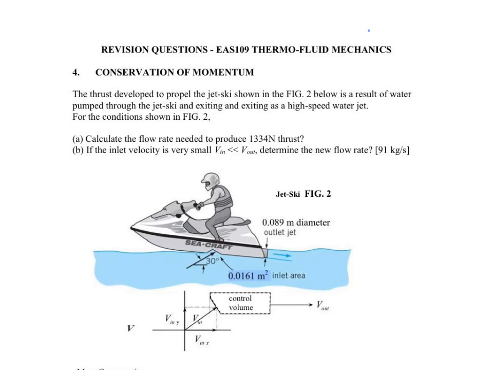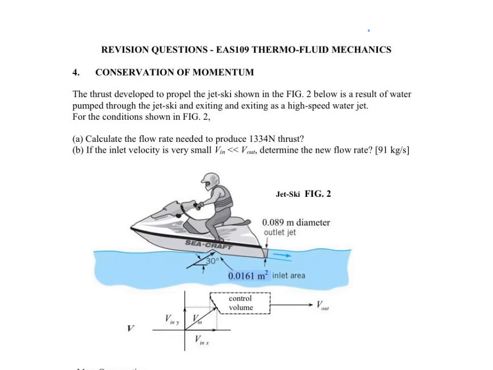You are asked to calculate the flow rate needed to produce 1,334 Newton thrust. That is 1.334 kilonewton thrust.